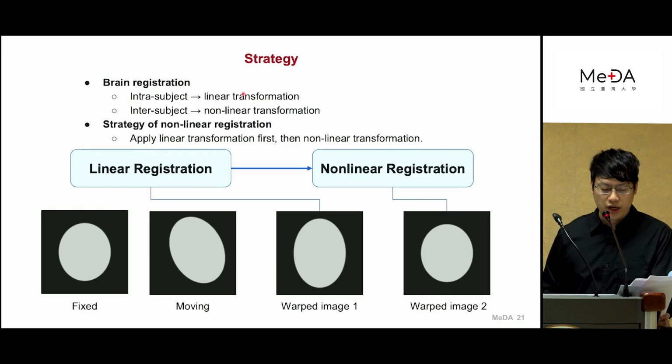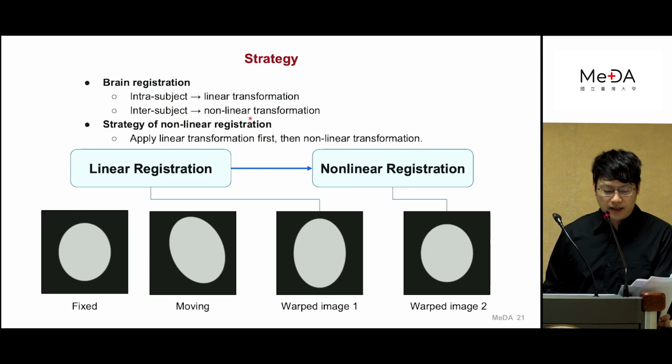This is because the shapes of brain tissues are relatively stable and don't deform significantly during breathing or changes in lying angles. On the other hand, in inter-subject registration, the shapes inside the brains of two patients differ, so nonlinear transformation becomes necessary to align them effectively.